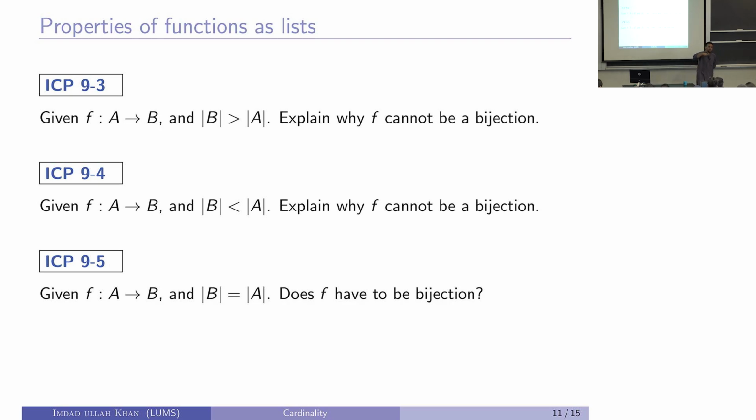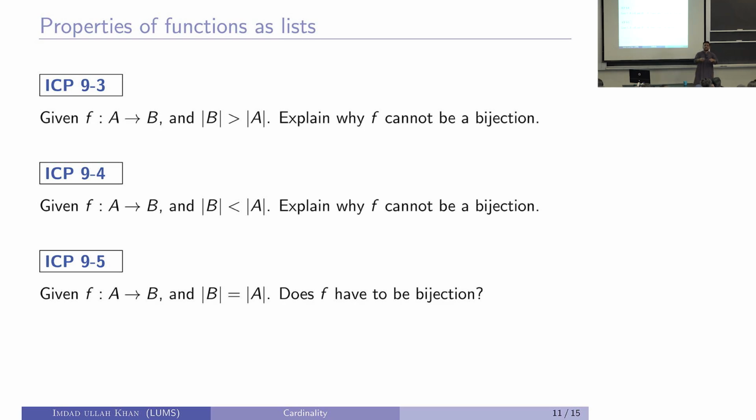Yeah, okay. So, if you insist that everybody is mapped, then it is actually not a function. Again, if b is bigger than a, if the number of rooms is more than the number of students, then it cannot be the case that all rooms are occupied, unless somebody got more than one room, which means it is not a function.